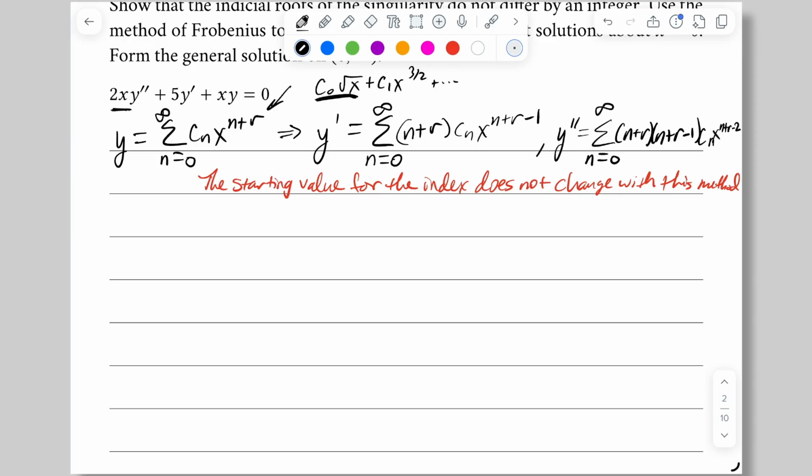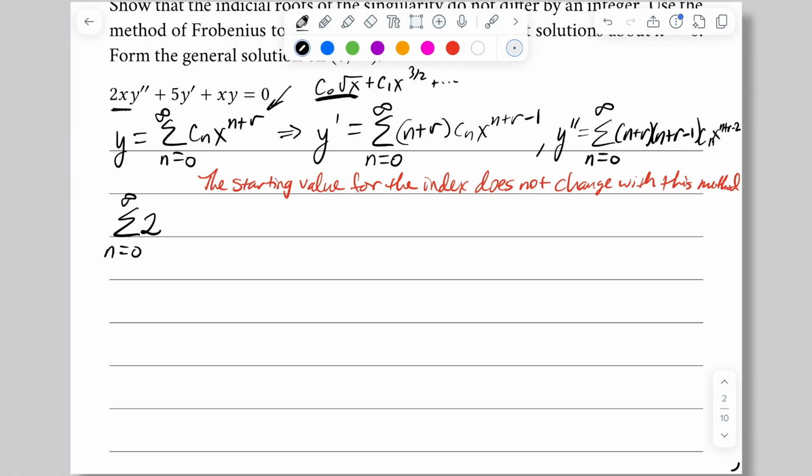All right, now we're going to plug everything in. For y double prime, we've got that sum as n goes from 0 to infinity. There's this 2x, so I'm going to put that 2 inside the sigma. The x is going to increase the exponent on x by 1.